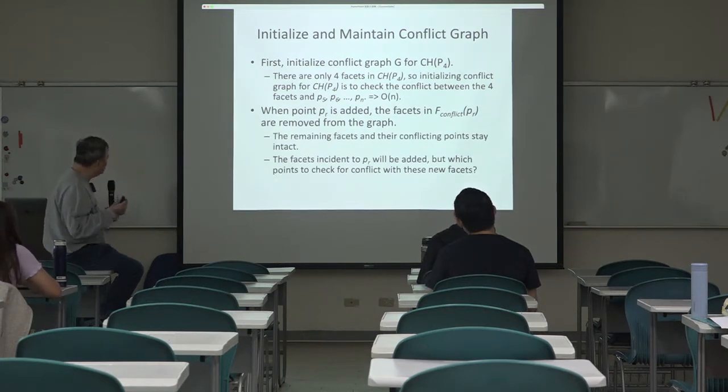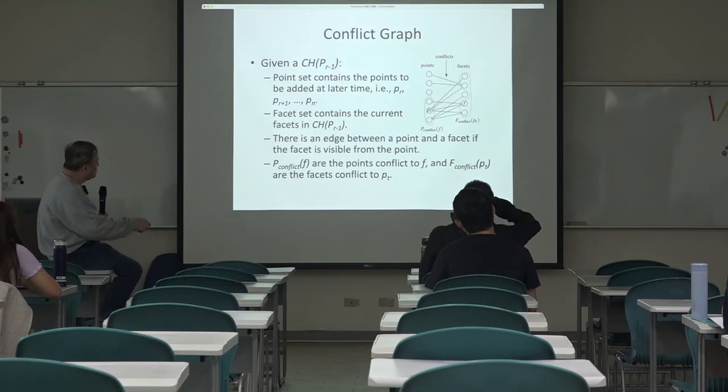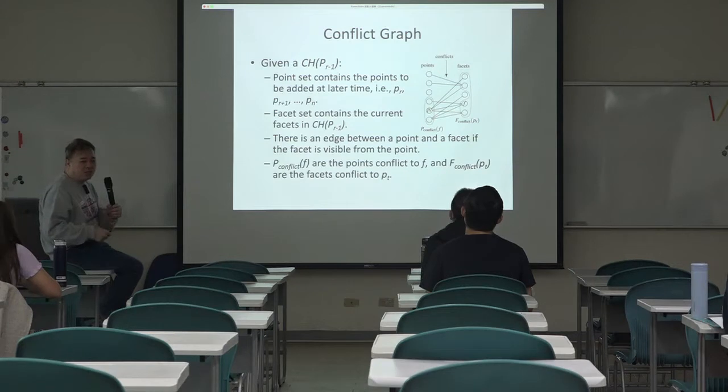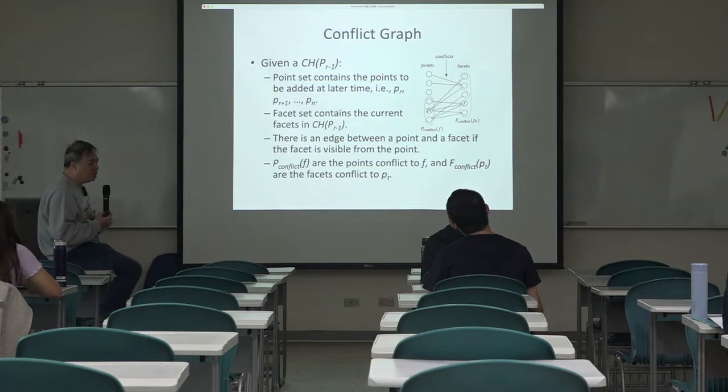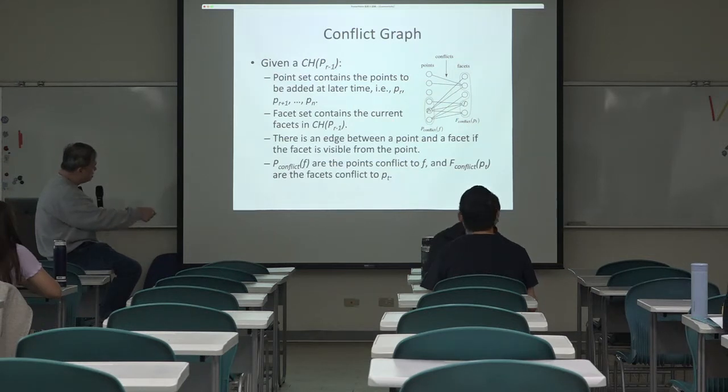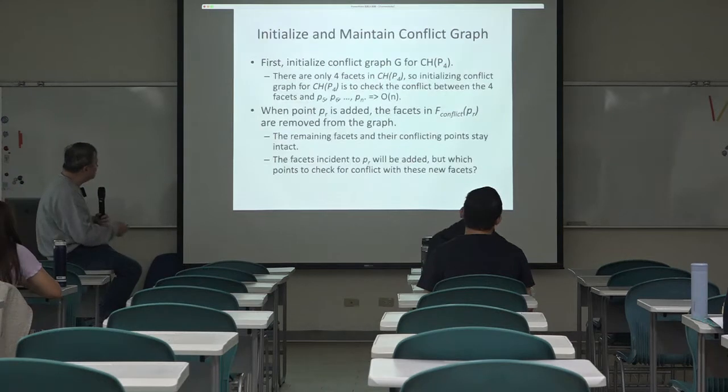If those 4 points happen to be on the same plane, we switch to a different 4 points. So say we have the first 4 points, then this point set will be n minus 4 points, because the point set is the points that will be inserted, and you should remove those 4 points already used.